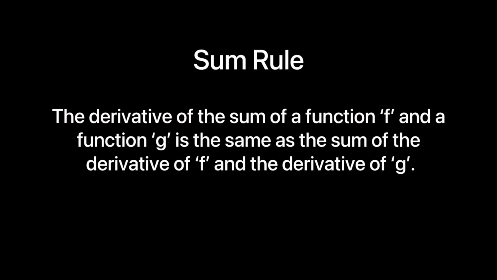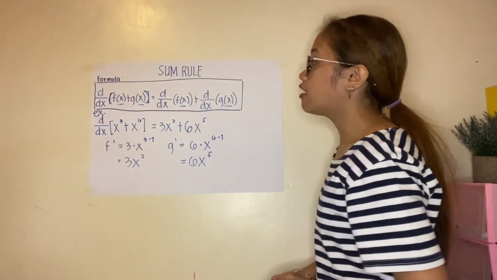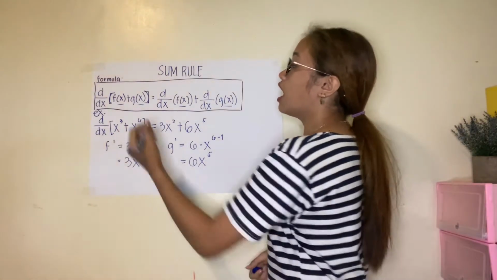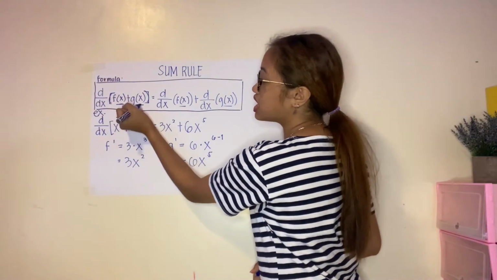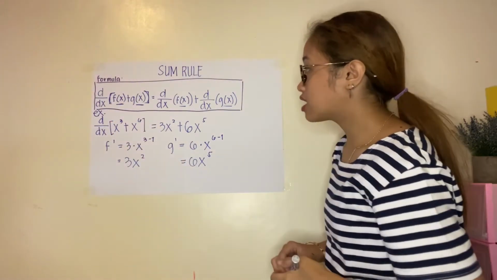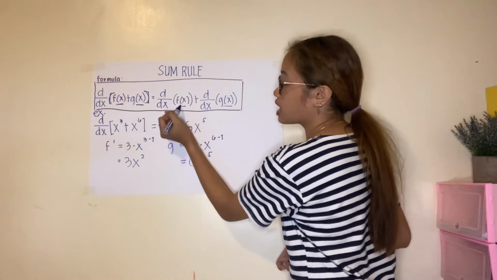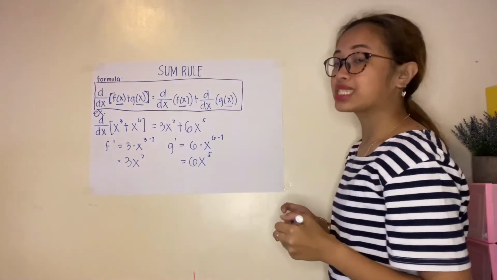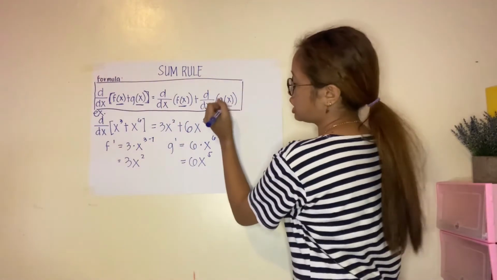We are now going to tackle the sum rule. The sum rule states that the derivative of the sum of a function f and a function g is the same as the sum of the derivative of f and the derivative of g. The formula for the sum rule would be the derivative of f of x plus g of x is equal to the derivative of f of x plus the derivative of g of x.